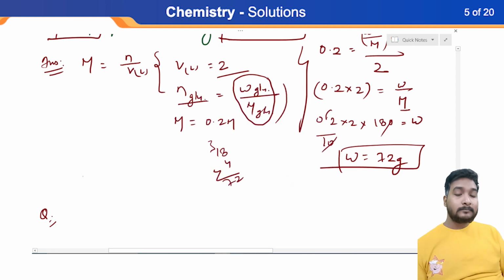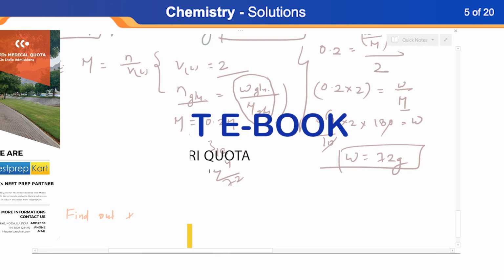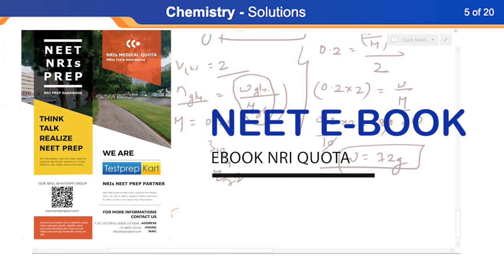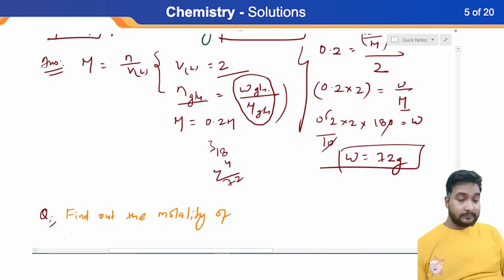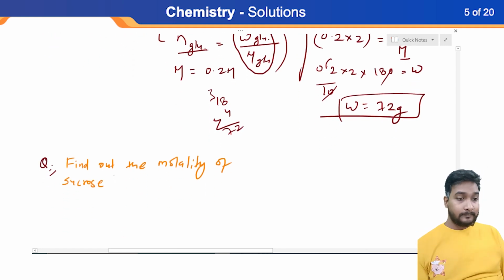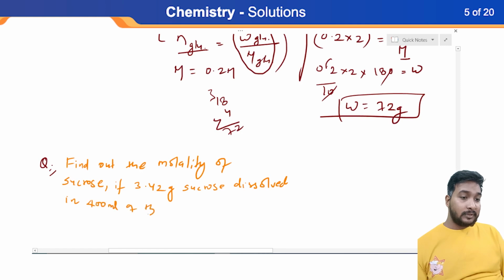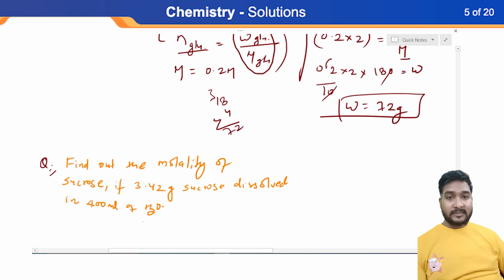The last question is, find out the molality of sucrose if 3.42 gram sucrose is dissolved in 400 ml of H2O. So this is the question. Now pause the video and solve this.